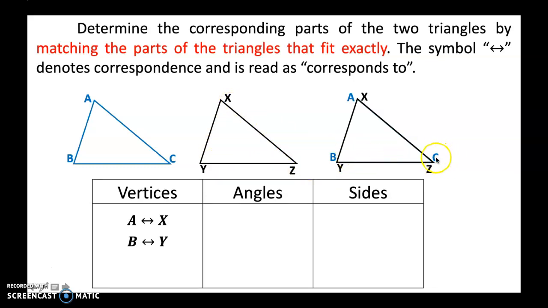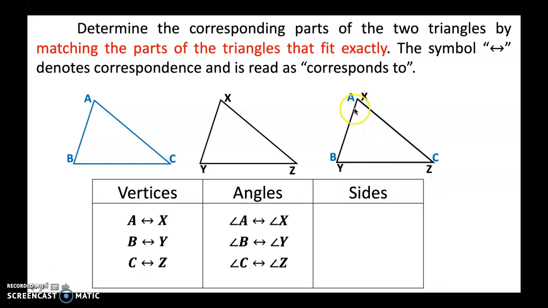And point C corresponds to point Z. For the angles, angle A of triangle ABC corresponds to angle X of triangle XYZ, as well as angle B corresponds to angle Y, and angle C corresponds to angle Z.